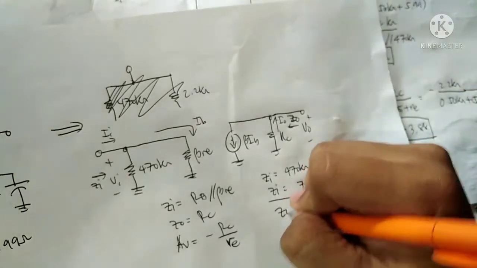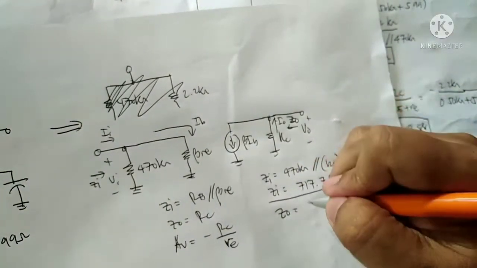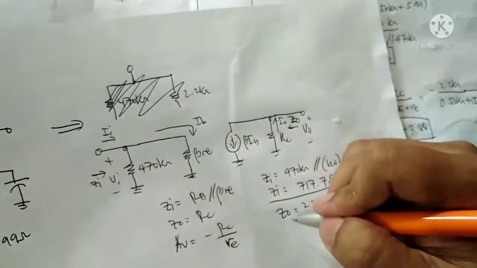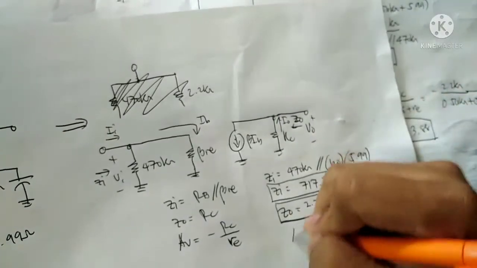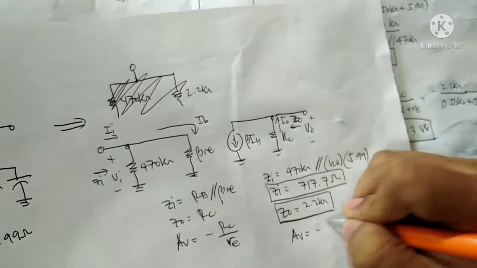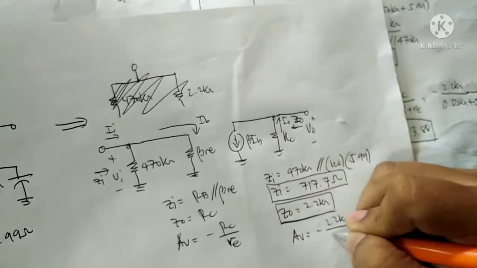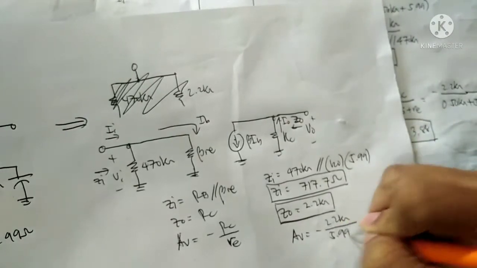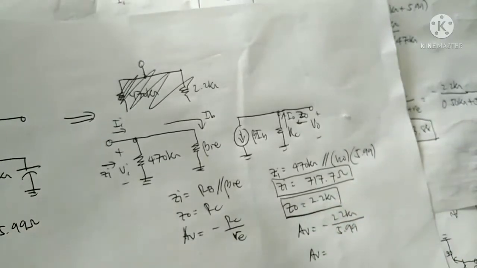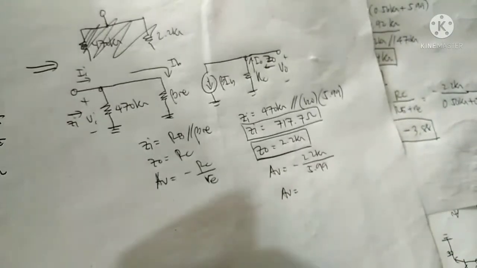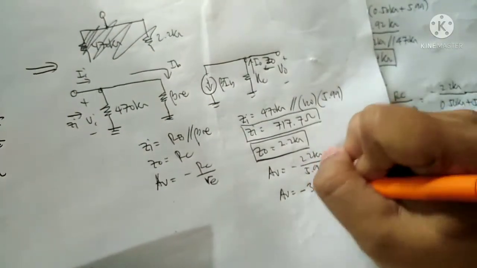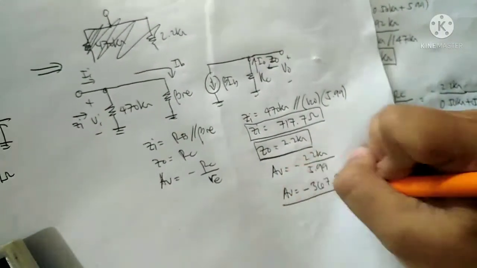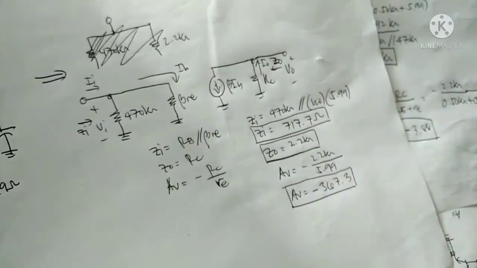For ZO, this is equal to 2.2k. And then for voltage gain, this is negative 2.2k divided by 5.99. This is equal to negative 367.3.